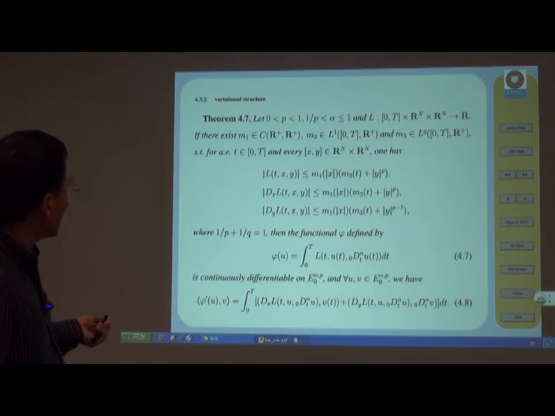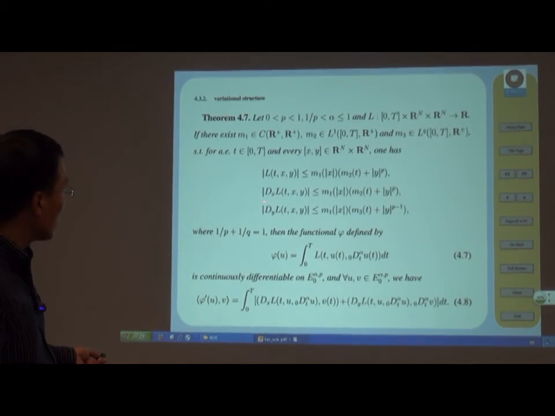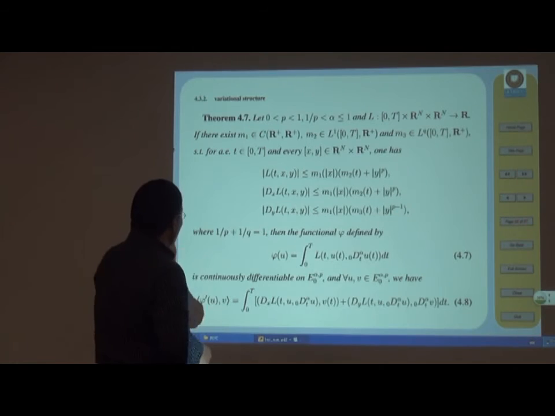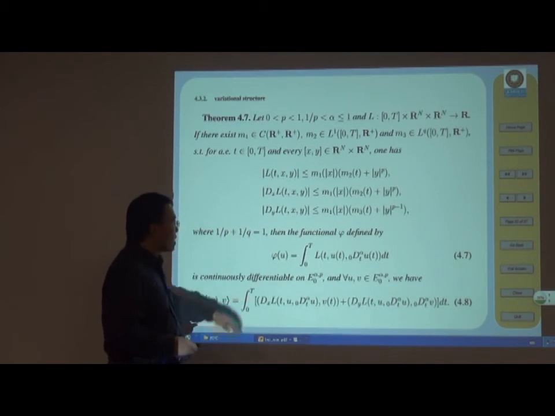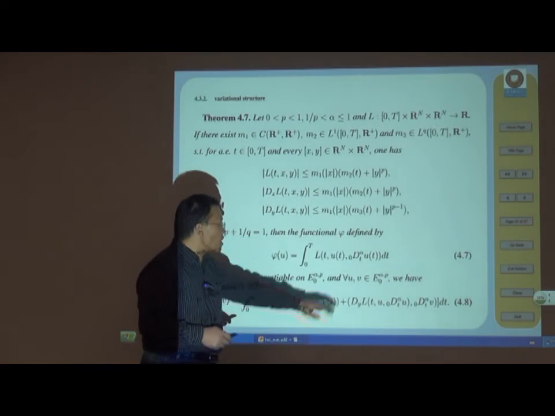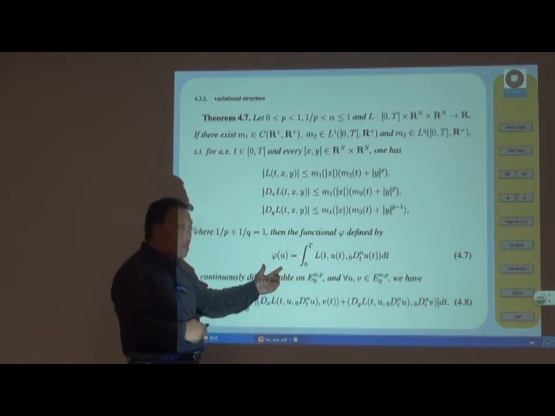And then we give the variational structure. Under the conditions, if P, alpha, and L satisfy these conditions, and P and Q satisfy this equality, then the functional phi defined as this. This is important.